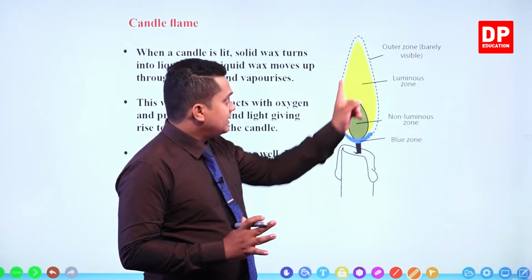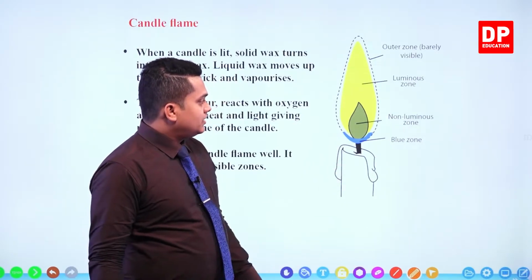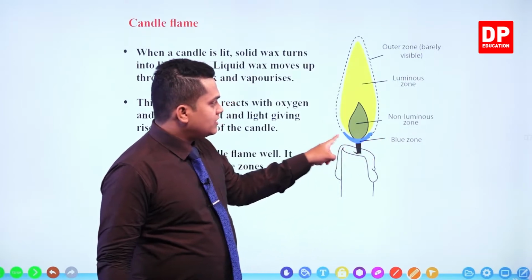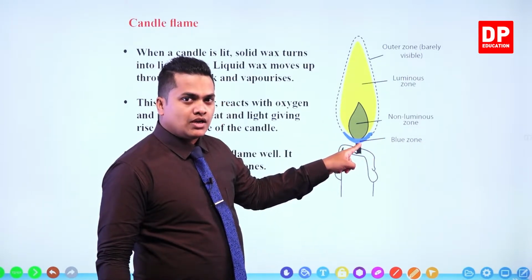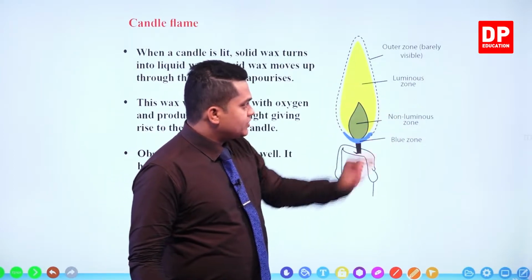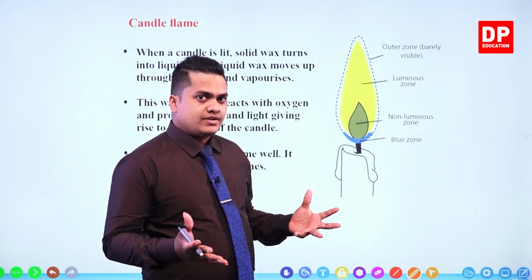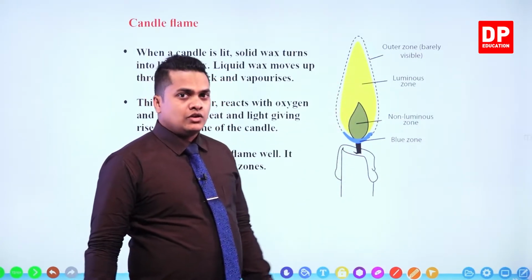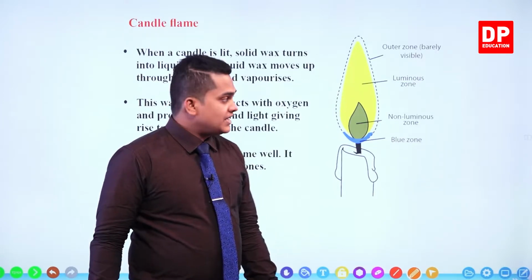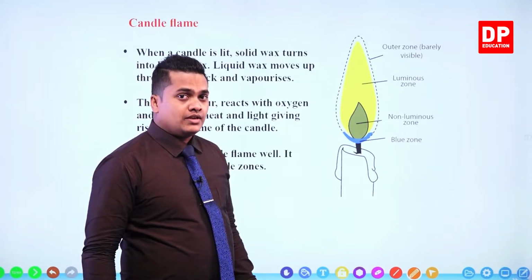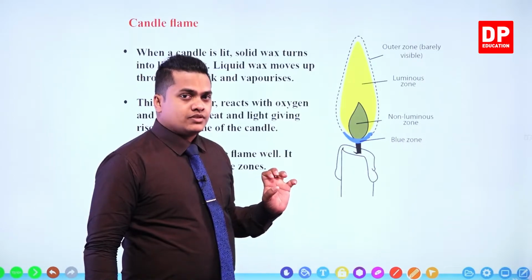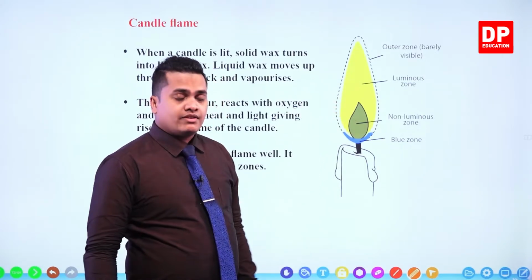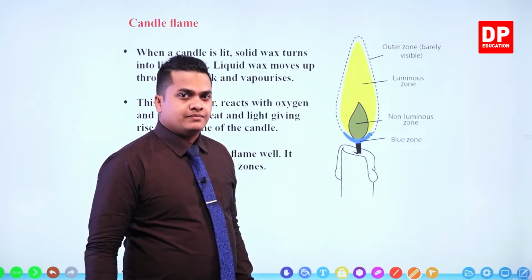At the bottom, you can observe a blue color zone. And there is a non-luminous zone, which means we can't clearly observe it. Then there is a yellow color luminous zone. So these are the four main key areas that you can observe within a candle flame.